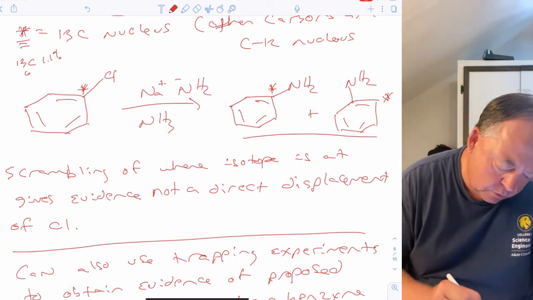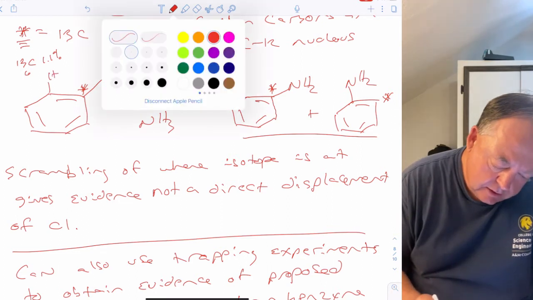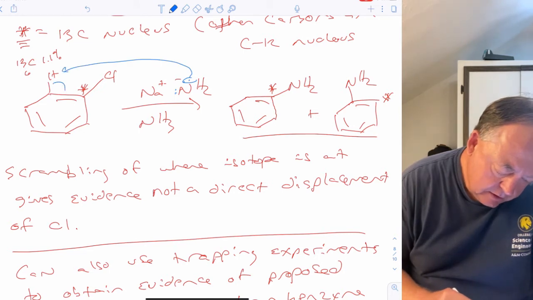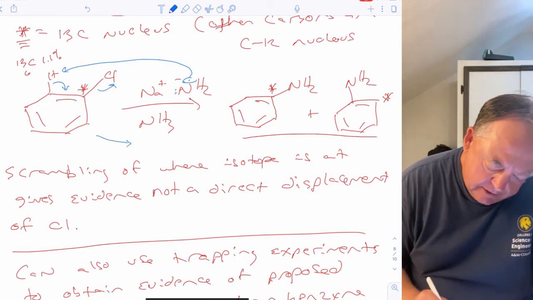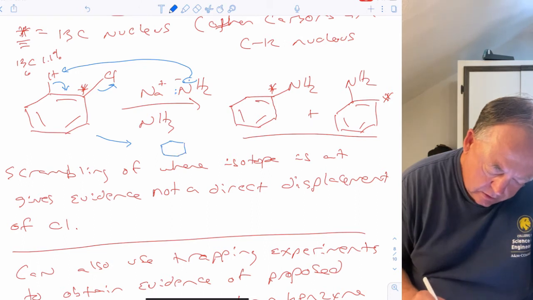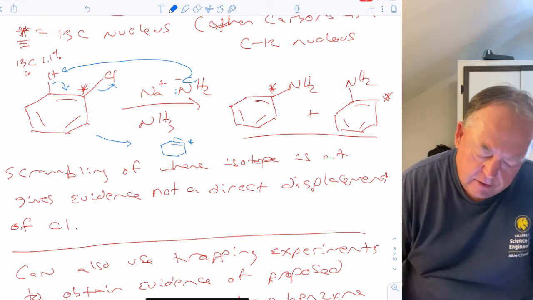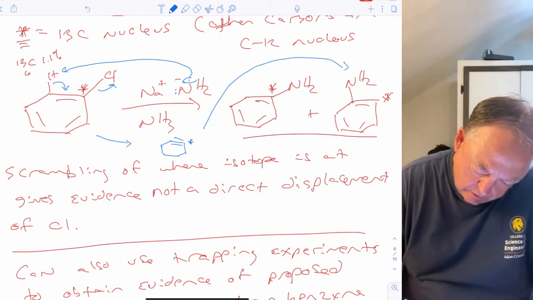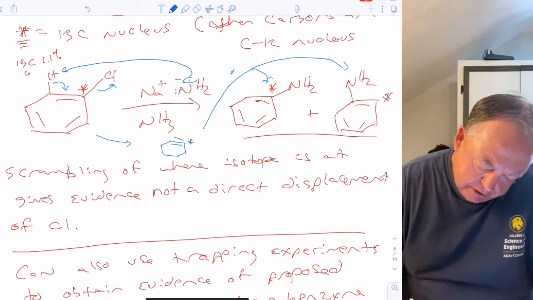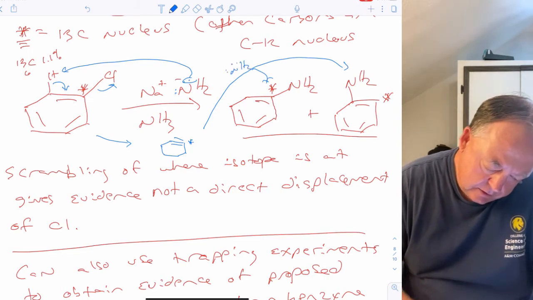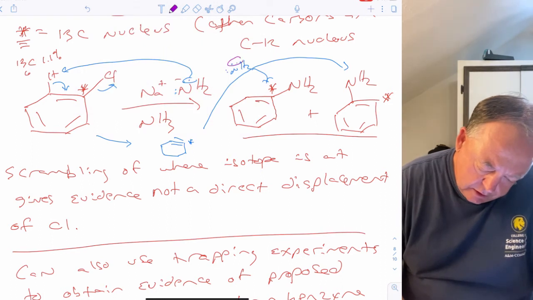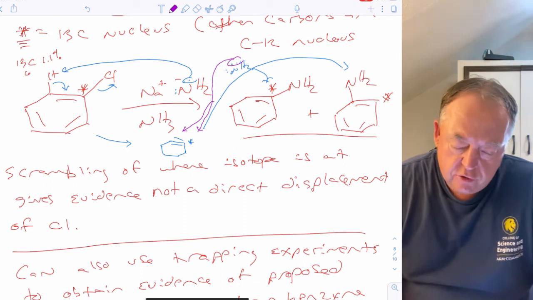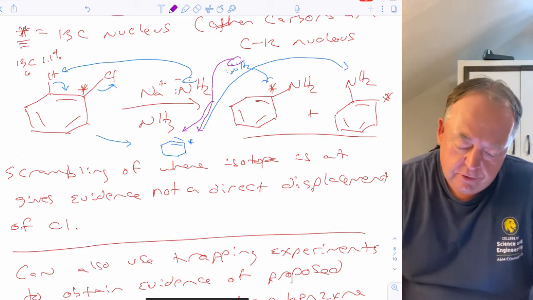Why do you get isotope scrambling? Again, if we think about the mechanism, this goes here, that goes there, this comes off, and you make benzyne with the isotope there. And then when NH2 minus attacks, it could attack this carbon, or it could attack that carbon, either carbon of the triple bond, so you get two different molecules.